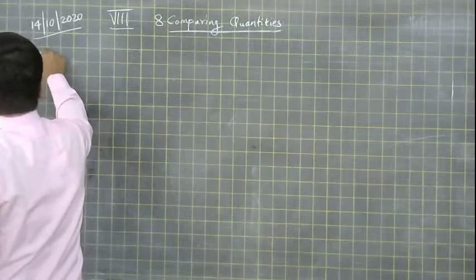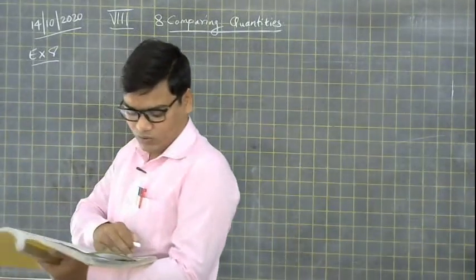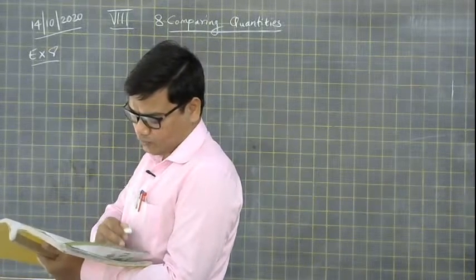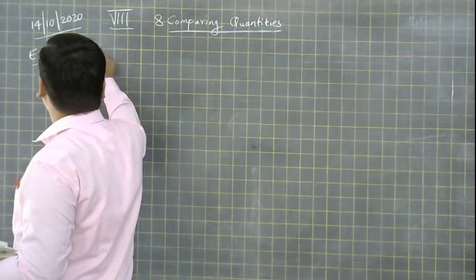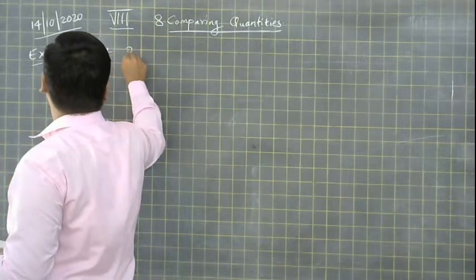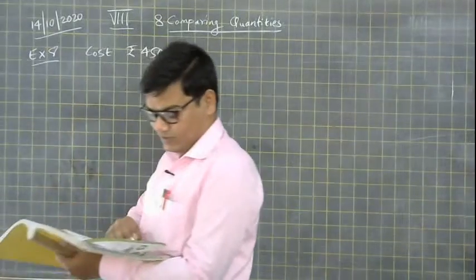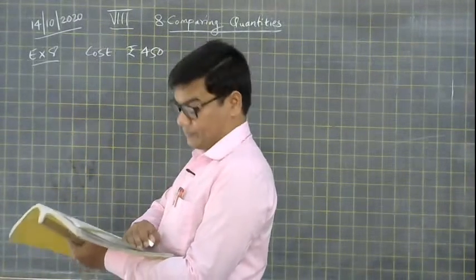Example 8, find sales tax. The cost of a pair of roller skates at a shop was rupees 450.